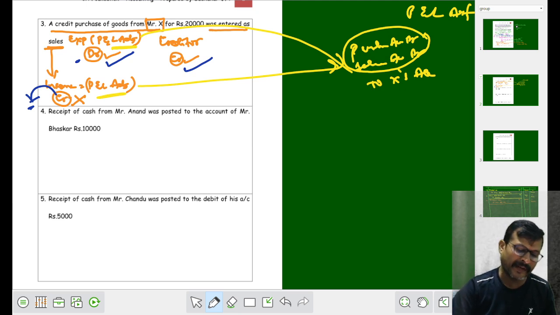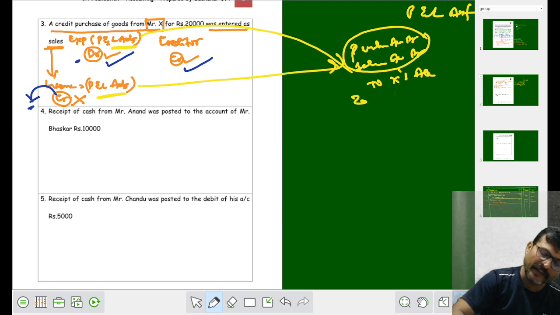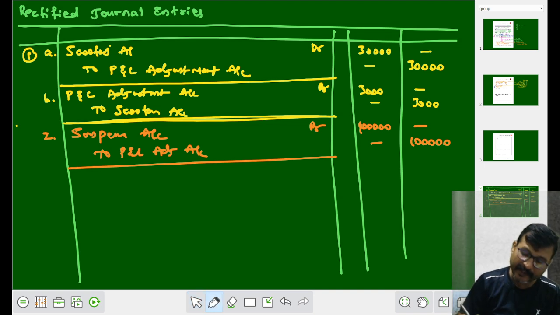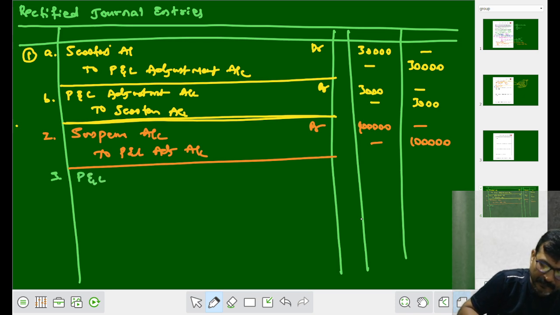How much amount do we have to take? Purchase of 20,000, sales of 20,000. कुल मिला के कितना हुआ? 40,000 हुआ. Now your entry will be, that is the third entry, profit and loss adjustment account debit to X account.